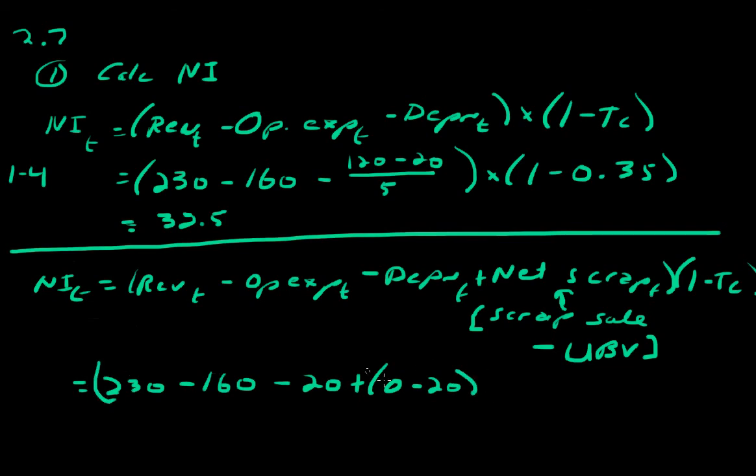We take this whole quantity and multiply it by 1 minus the tax rate. If we do this math, we should get net income of 19.5 for year 5. So this is year 5, the only year that's different. Alright, we have working capital in this problem, so we need to work through that schedule.